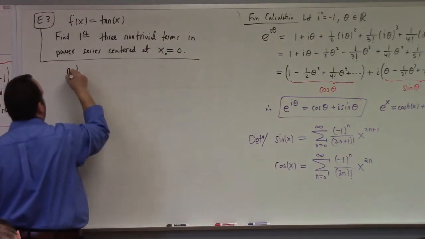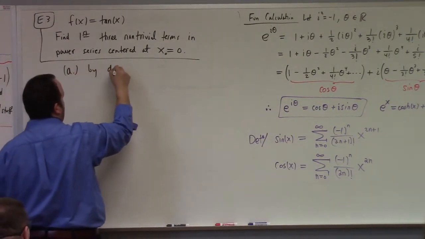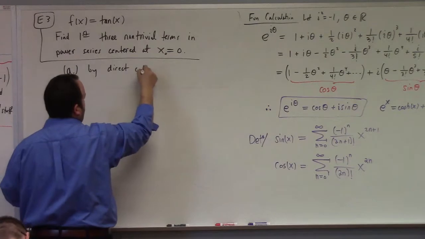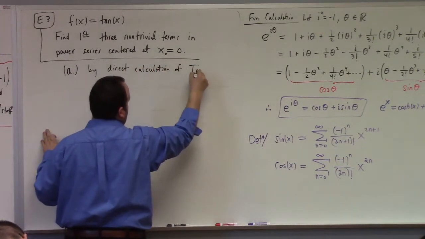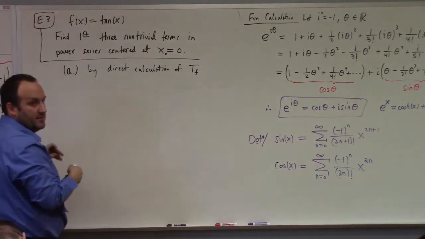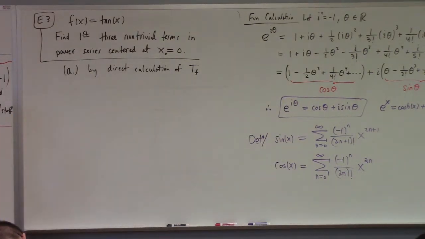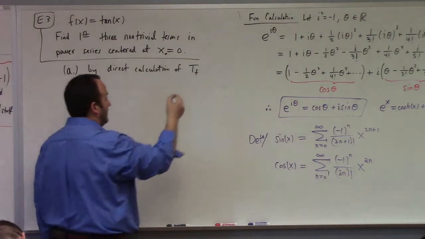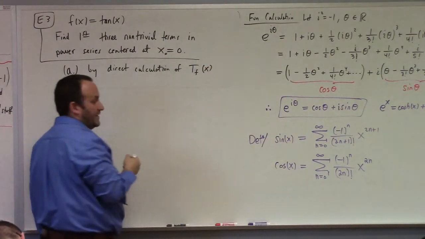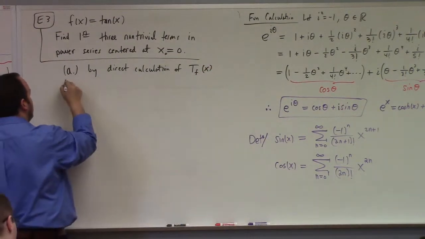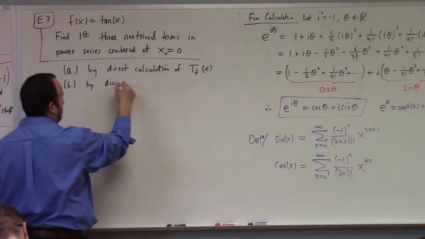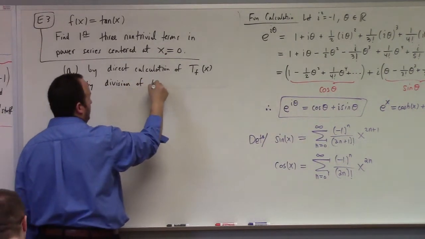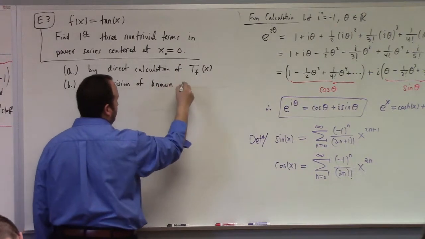A, by direct calculation of the Taylor series generated by f of x, all right? And then B, by division of known series. These are 2 quite different calculations.